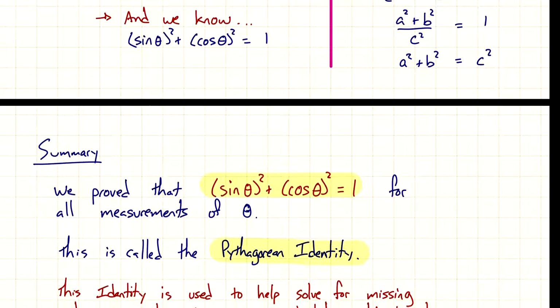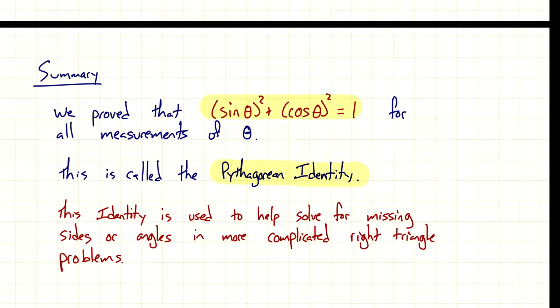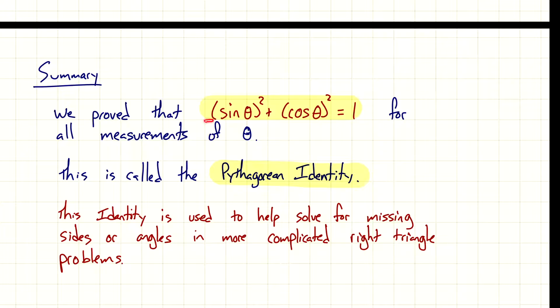All right, so in summary, what we proved was that sine of theta squared plus cosine of theta squared equals 1, right? And this is for all measurements of theta. So I could plug in any number for theta, and whatever I do, it goes into both of these. They're not different angles.